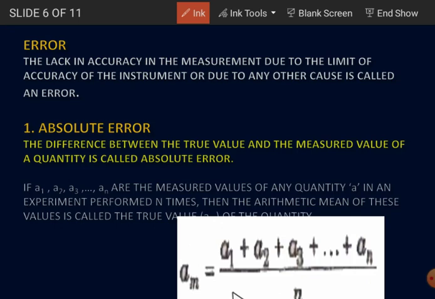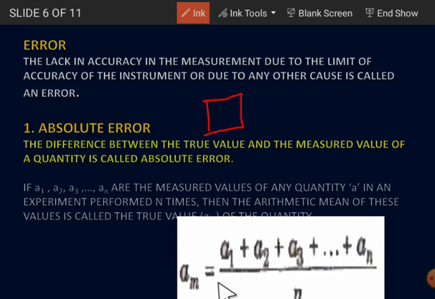In the previous example, an object is given to measure its mass. Let's take it that you are given an object like this, and we don't know the true value, that means the exact mass of this given body, we don't know. So we need to take a true value by the mean of all those measurements.